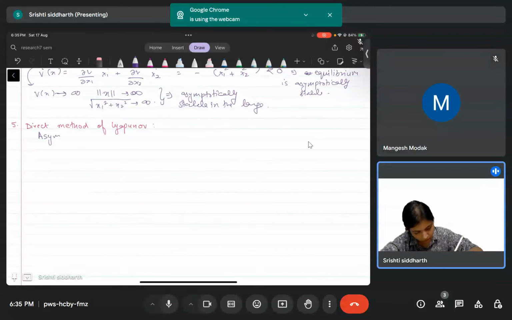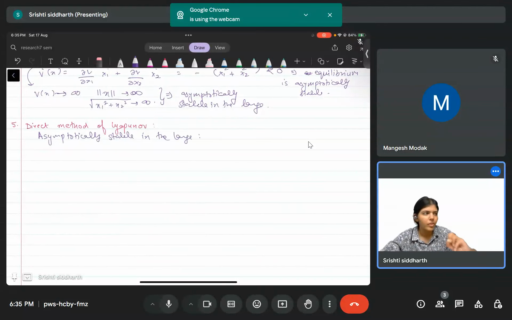So we're talking about the asymptotic stability condition.